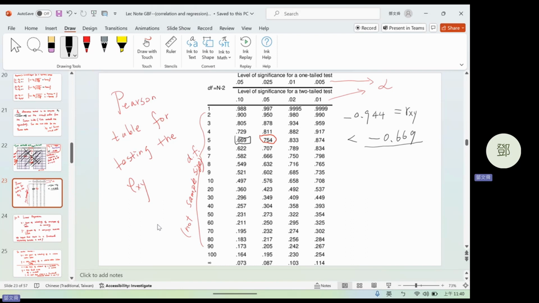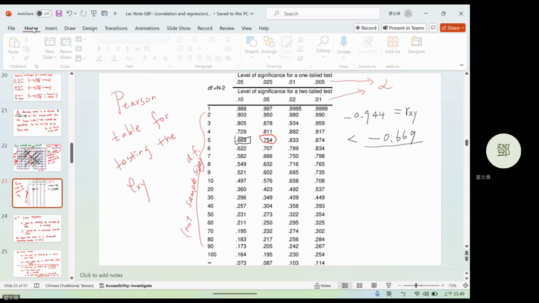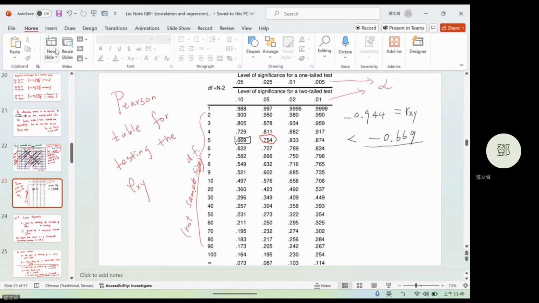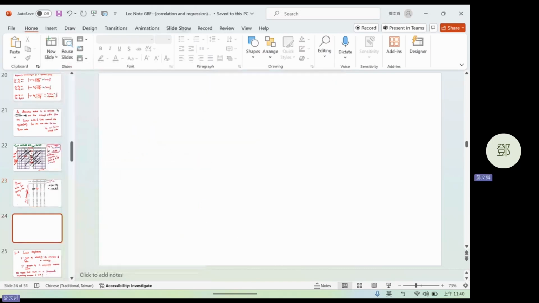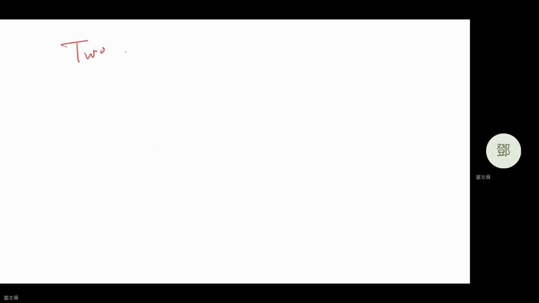And let me put this in. Okay. Two tests are exactly the same. Exactly the same.